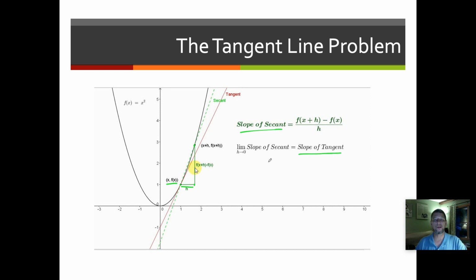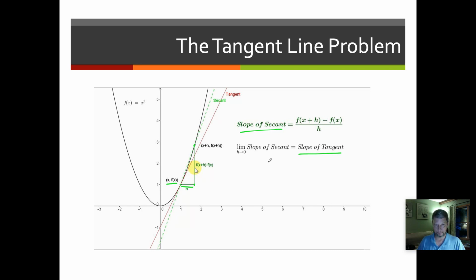So the limit as h approaches 0 of the slope of the secant, which is the difference quotient, is equal to the slope of the tangent. All right, let that sink in a little bit, because that's an important aspect of this.